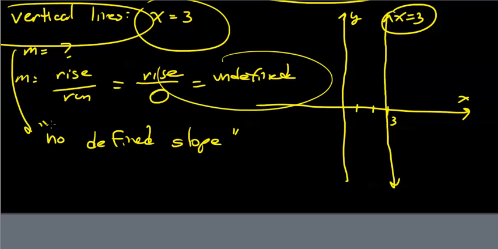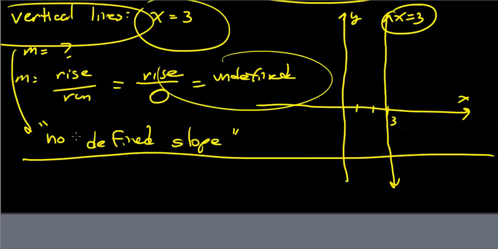Now please don't confuse that with zero slope. Zero slope is the horizontal case. No defined slope is the vertical case. Let me stress that. I think I've got some room down here in a different color.